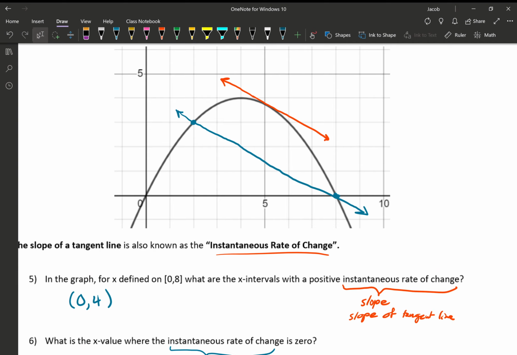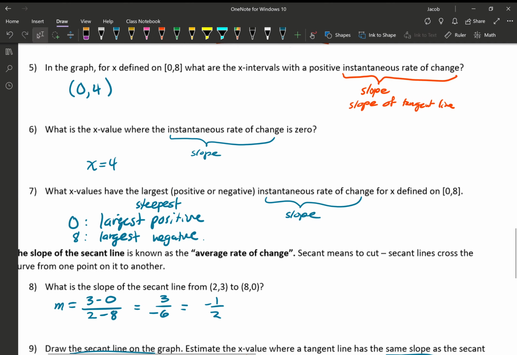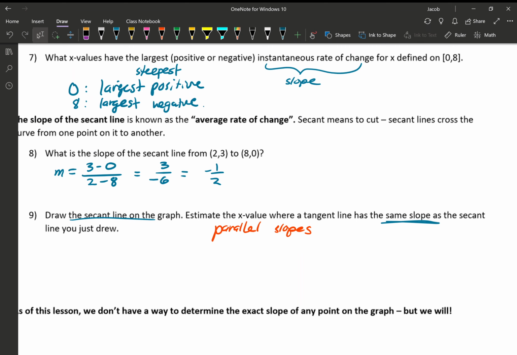And it looks like they're equal, and it sure does seem like between the values of maybe 4.5 and 5.5, we're going to find a slope of the tangent line that is equal to the slope of the secant line. So I'm going to say between x equals 4.5 and x equals 5.5.